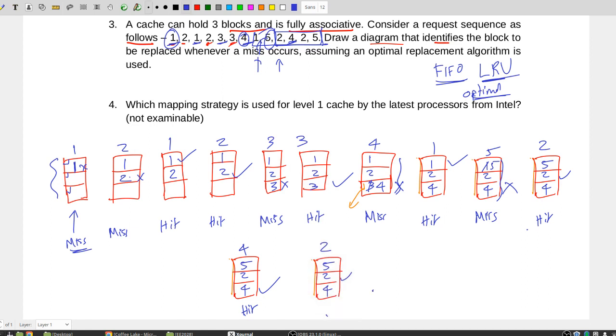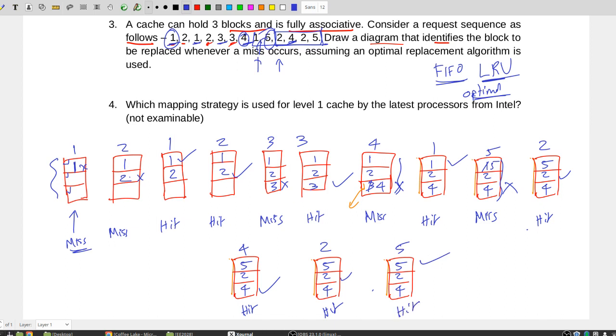And the next block to be requested is 2 again, and 2 is there, so you have a hit. And the last block to be requested is 5, and 5 is also there, so you have a hit.